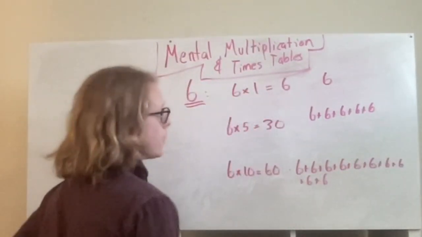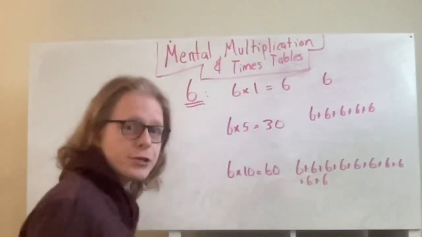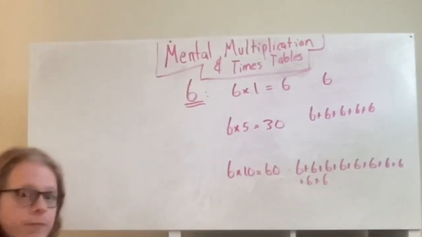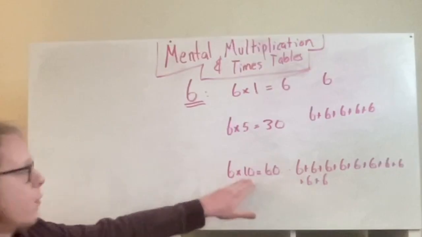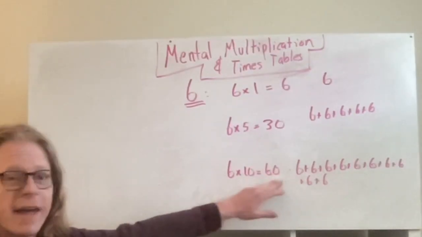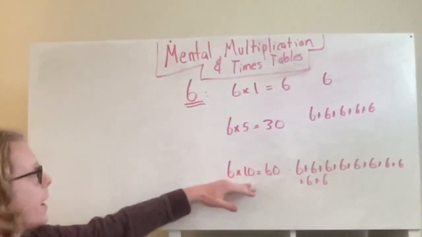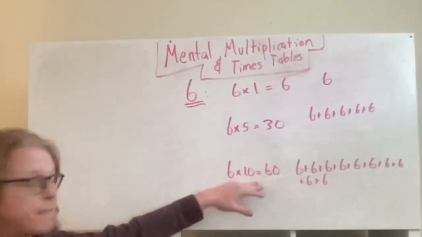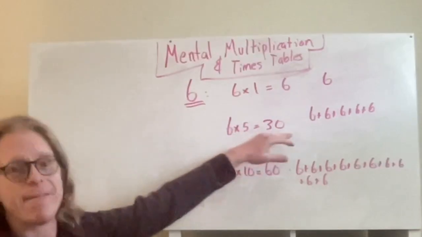So these are the first times tables that we should learn for every number. Let's get comfortable with what it does to a number when I multiply by 10: it adds a 0. And then from there, if I know 6 times 10, I can figure out 6 times 5 because it's half of it.